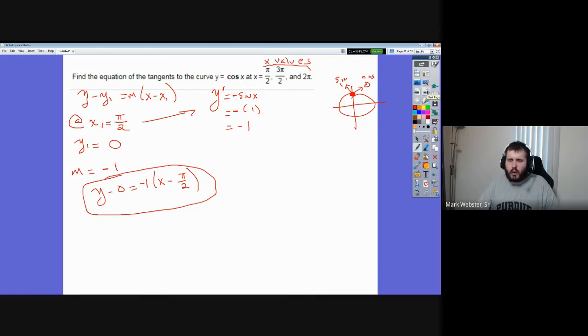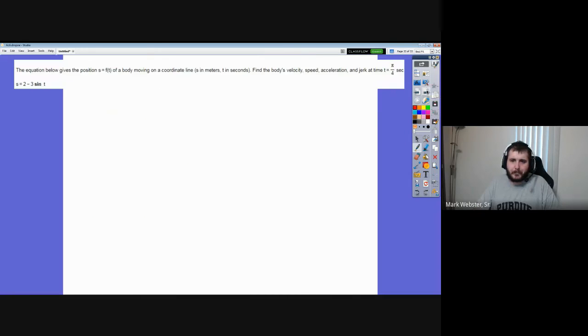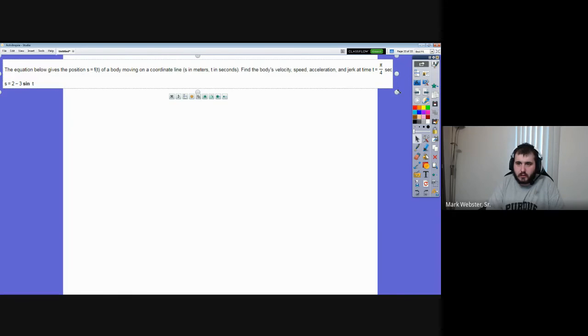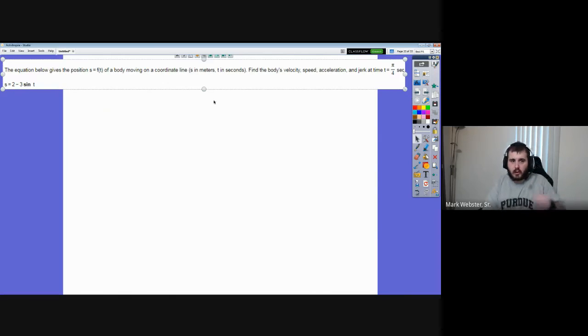All right, now I have one more. And they're asking for a lot, but the great thing is that it's very easy to do it all. So first of all, let's look at what they ask for. The equation below gives the position s equals f of t.